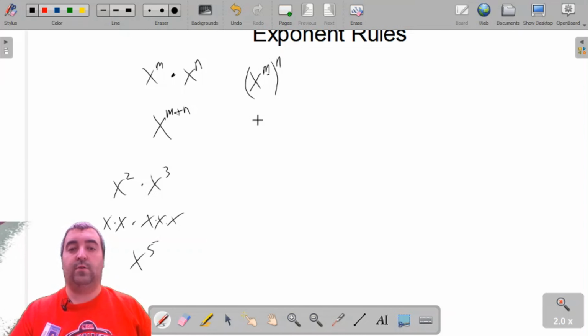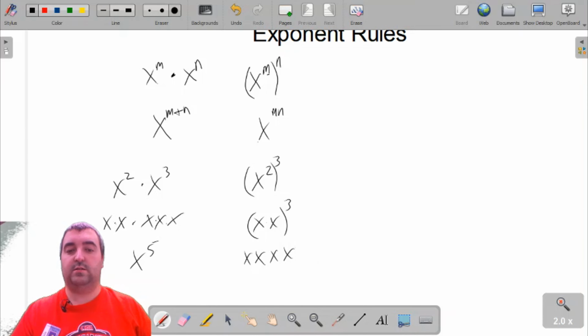So when you think about this, saying x squared to the third, well, it doesn't actually matter where we start. We could start with the inside, so it's x times x, to the third. Well, to the third means we see this 3 times, so x times x is once, x times x is twice, x times x is the 3rd time, and when you look at that, there's x to the 6th, which is what happens when you multiply them.